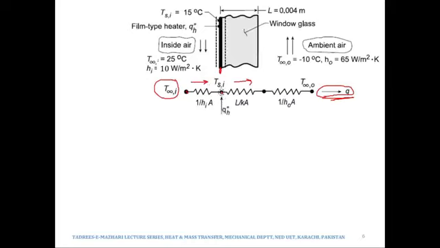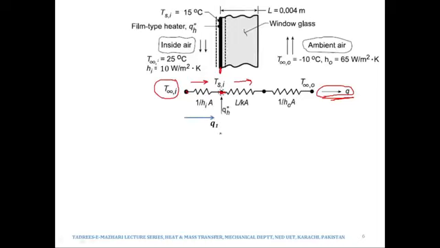So from this node with temperature TSi onwards, the heat flowing through the second resistor would be 15, and through the third resistor would also be 15.